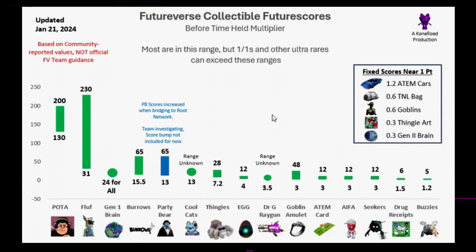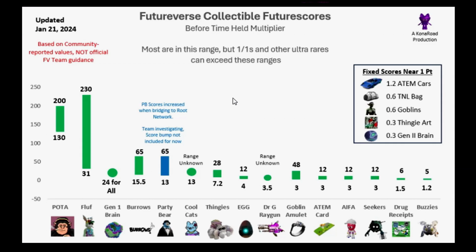If we look at this infographic created by the community, we can see a rough overview of what kind of points you are going to get for what assets. This infographic is based on community reported values. It is not an official Futureverse infographic, so keep that in mind.